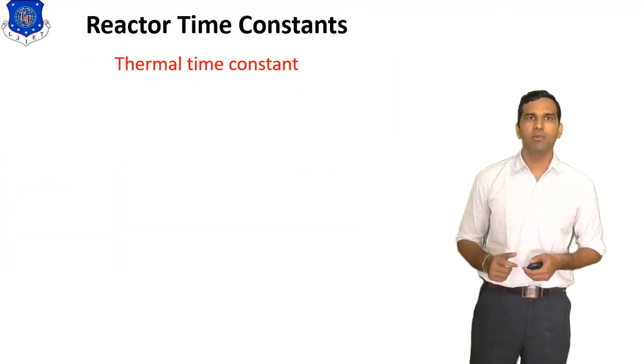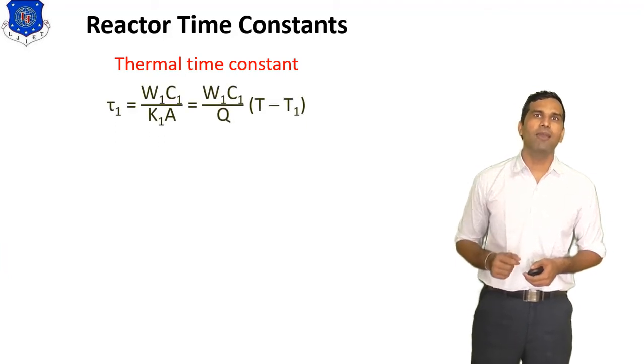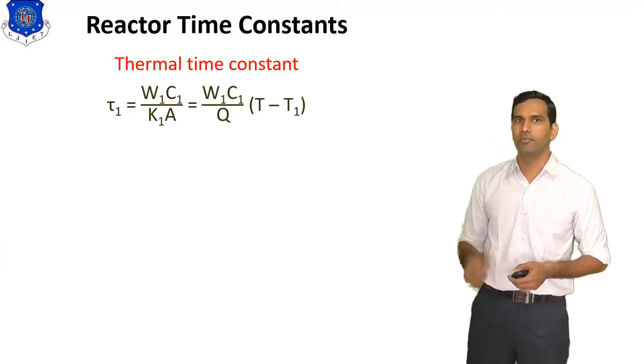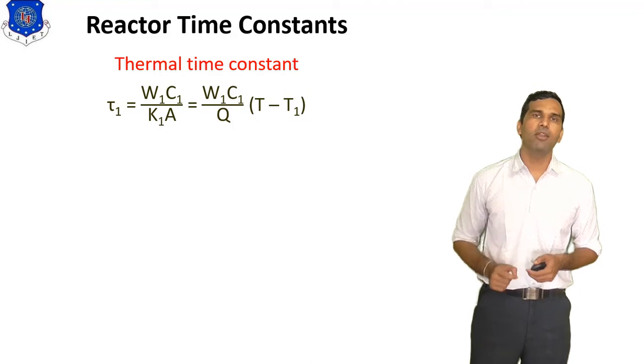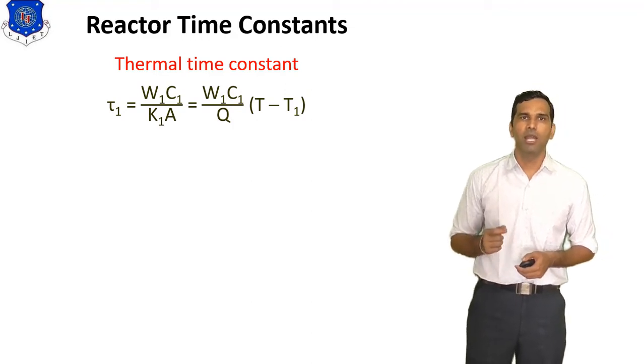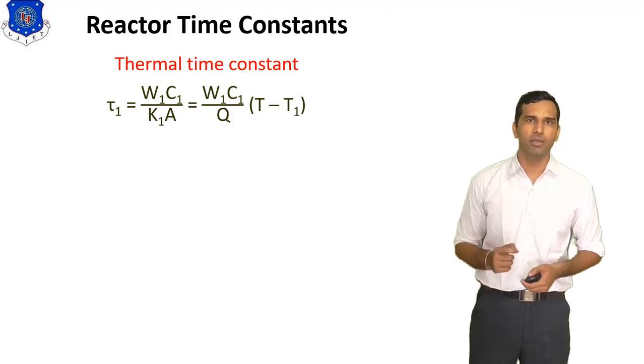Now, we discuss the thermal time constant. We can find the thermal time constant by using this equation. Tau 1 is equal to W1 C1 upon K1 into A. And we can also write this equation as W1 C1 upon Q into (T minus T1).